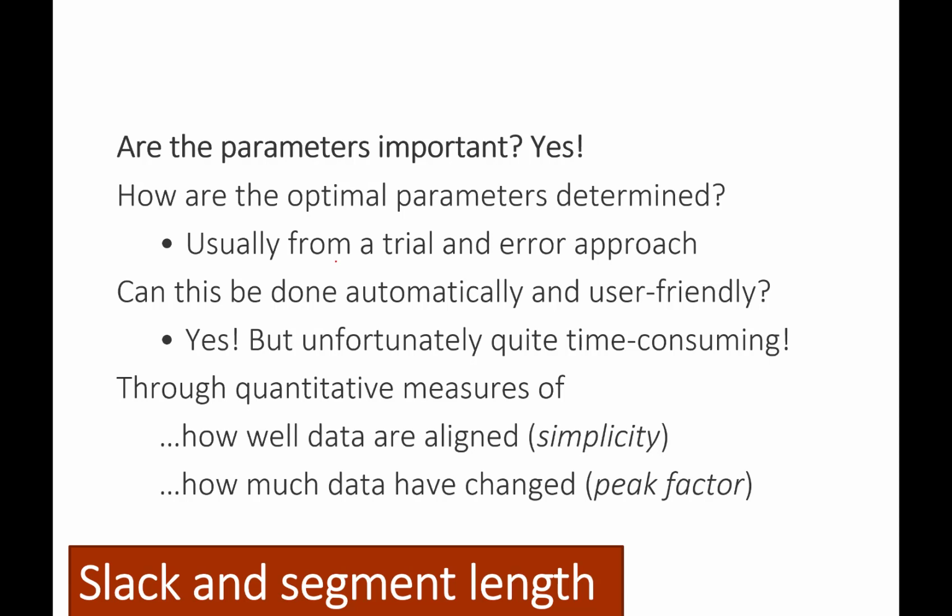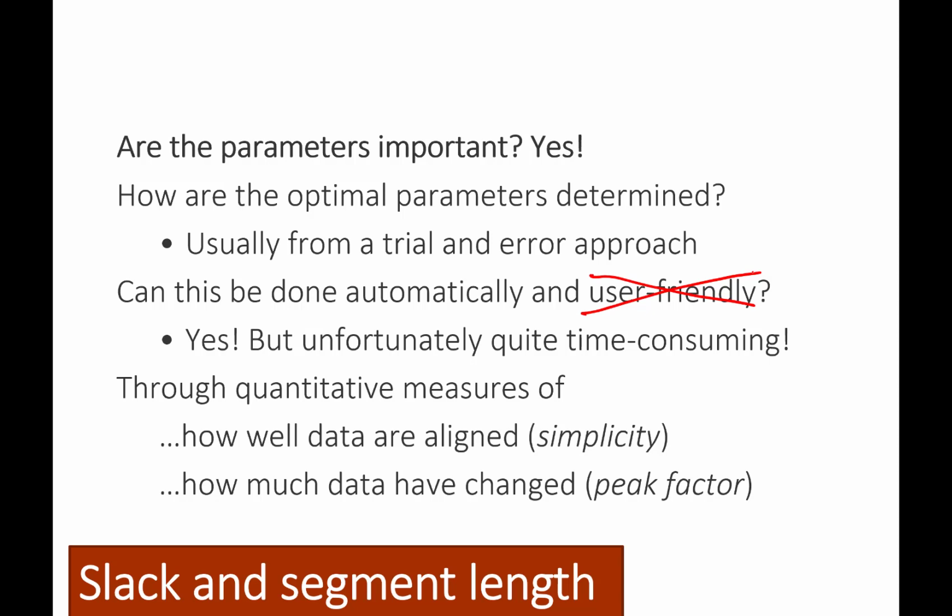Now you may wonder if we couldn't automate this, and actually we can. I'll show you how to do it in the next video. Unfortunately, it's not so very user-friendly, but we can automatically find reasonable parameters. So we'll get back to that later on. We do that by defining some measures of how well we align the data and how little we shift the data.